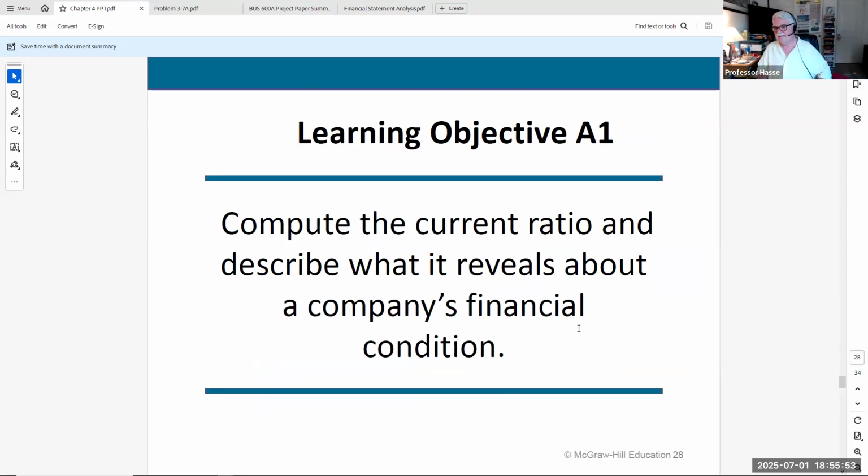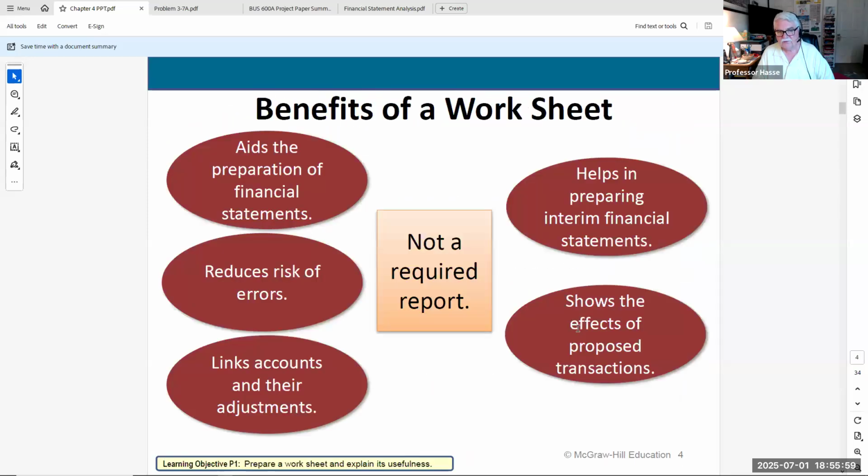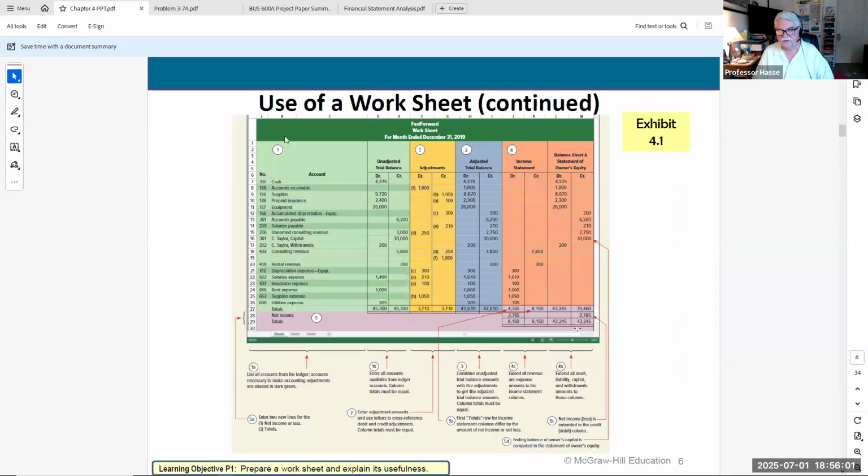It's an MBA class as an intro to accounting. The first part of chapter 4 talks about what is called a worksheet, where you summarize various components of the accounting cycle: unadjusted trial balance, adjusting entries, adjusted trial balance, income statement, and balance sheet, all in one spreadsheet.